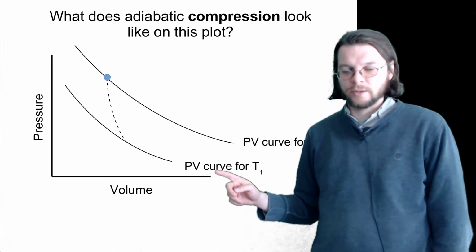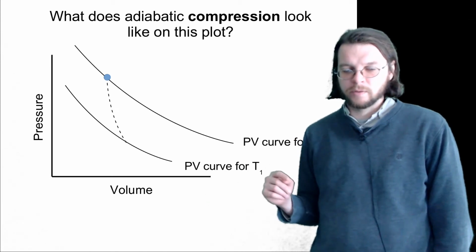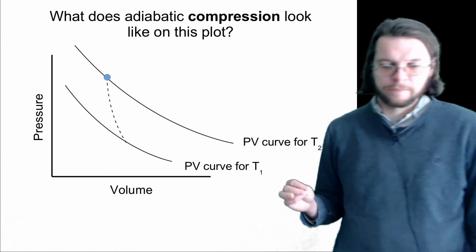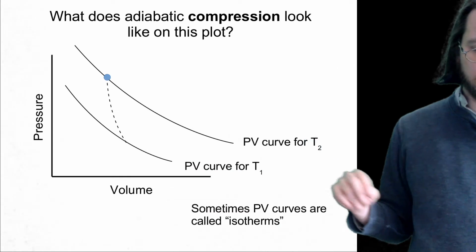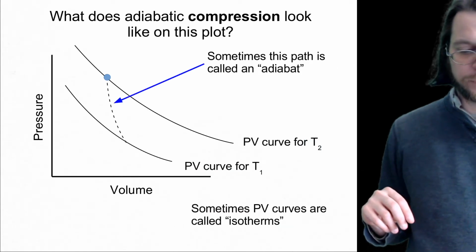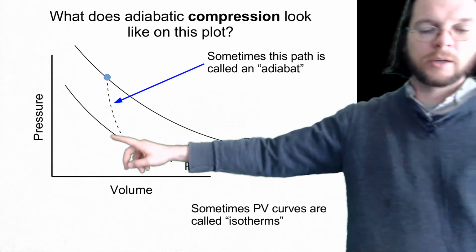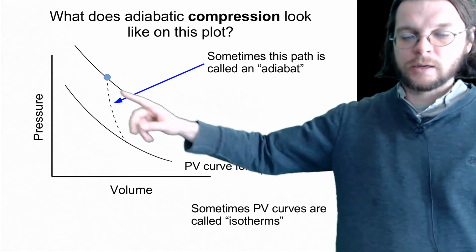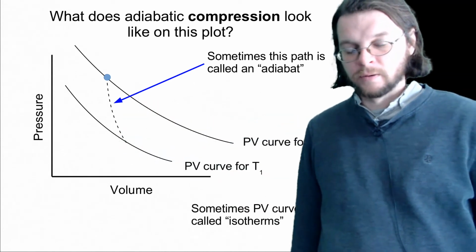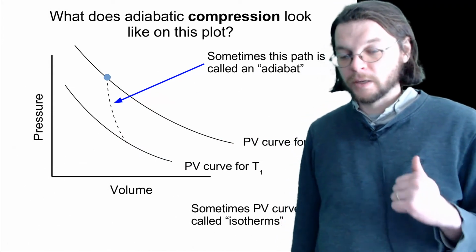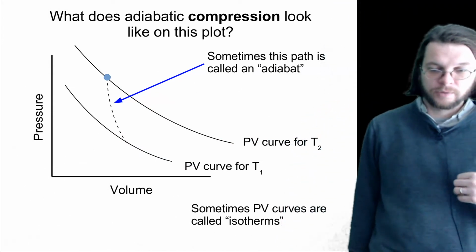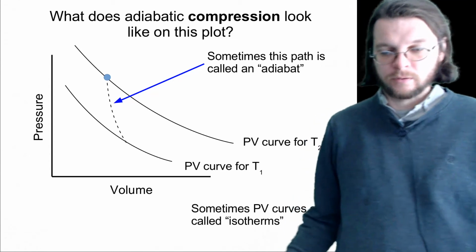Sometimes these PV curves are called isotherms. But anyway, this is what's called adiabatic compression. And this line, which again is for the adiabatic case, is sometimes called an adiabat. And again, it's assuming constant energy because there's not enough time for the heat to exchange.